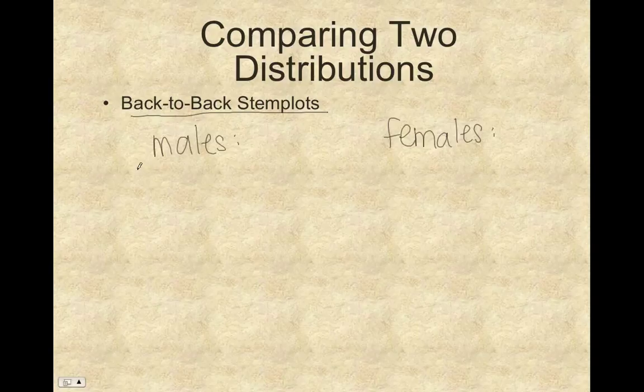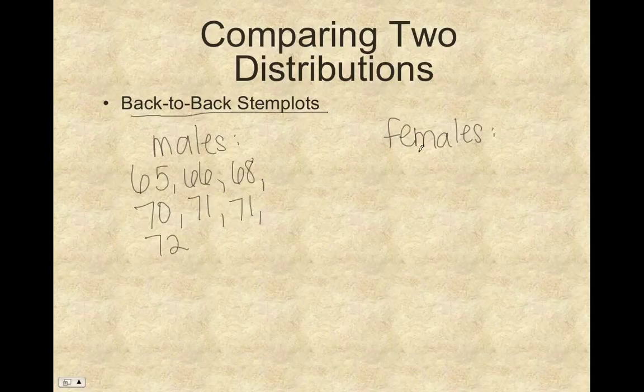And let's say the male heights are like 65, 66, 68, 70, 71, 71, 72. And then the heights of females are 59, 60, 60, 65, and 70. Okay, I left them in order.